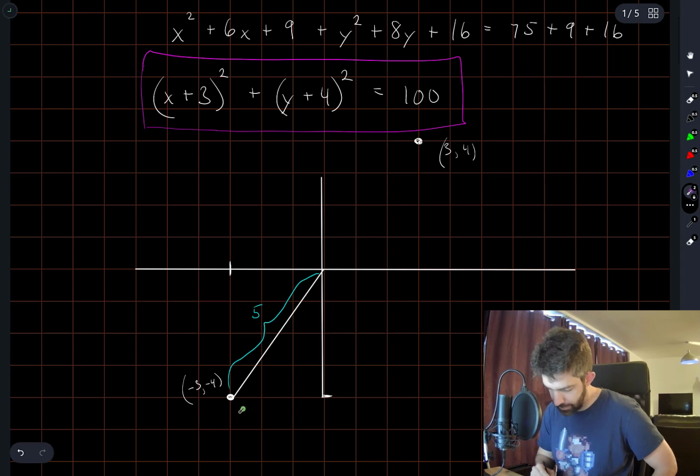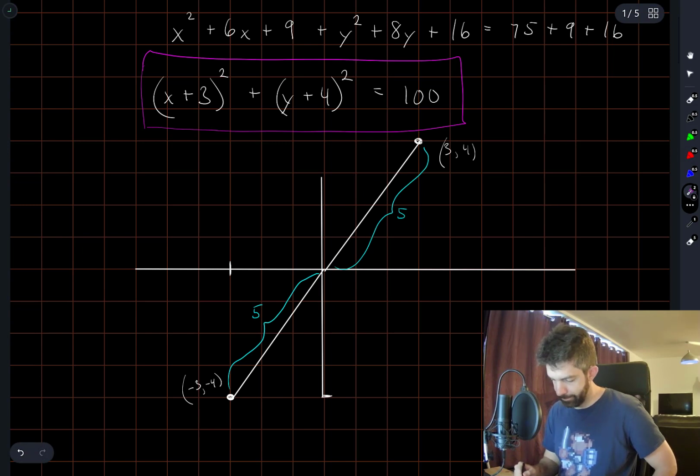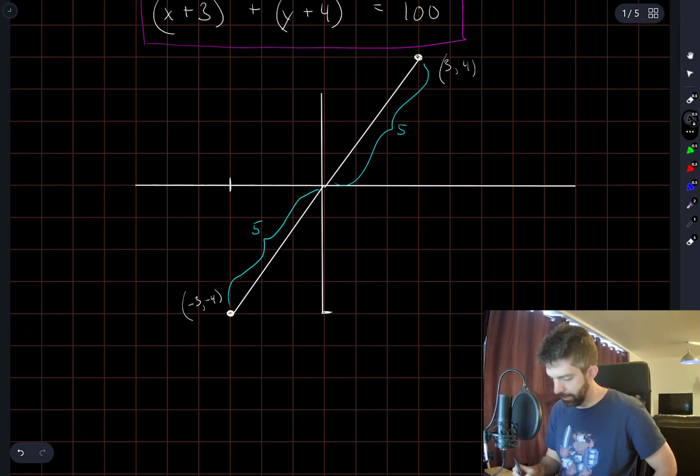So if I extend this line through the origin, I have to travel a total distance of 10 before I hit the circle on the opposite side of the origin. And I know that this distance then has to also be 5, because then I have a total radius of 10.